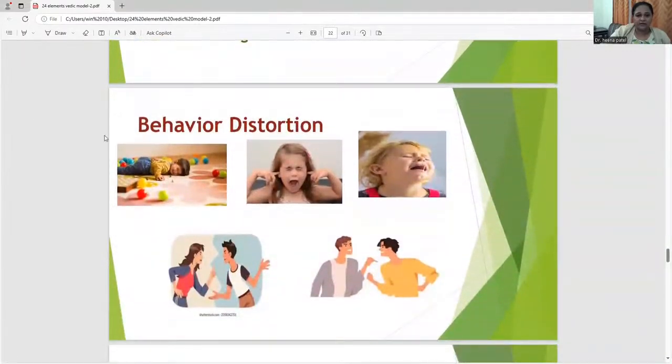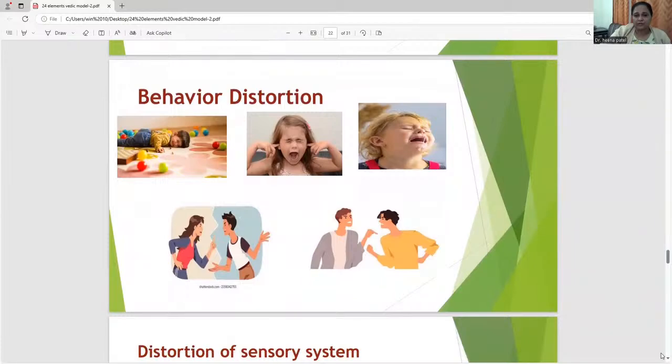Behavior distortion, we all know, is fighting, frustration, screaming, crying, and this is due to our negative emotional response to a situation. We do not have any solutions, and that's why we take the lower level of resolution.